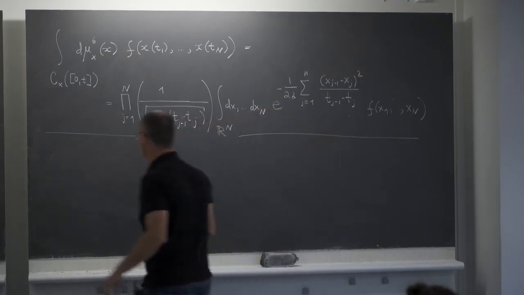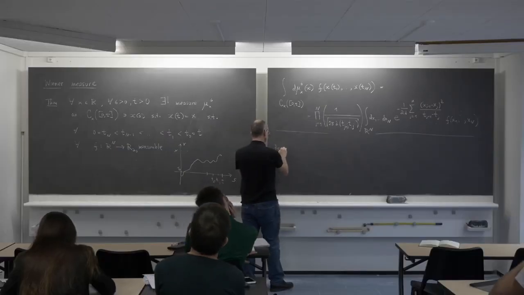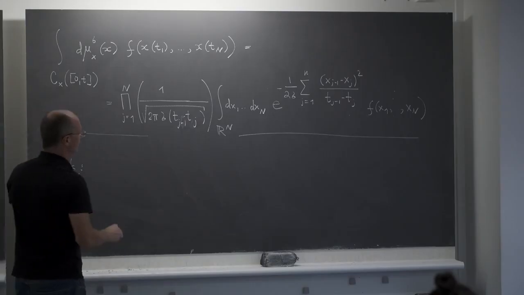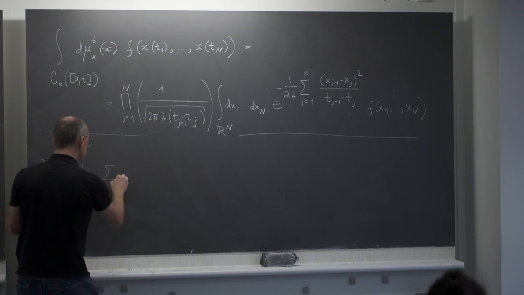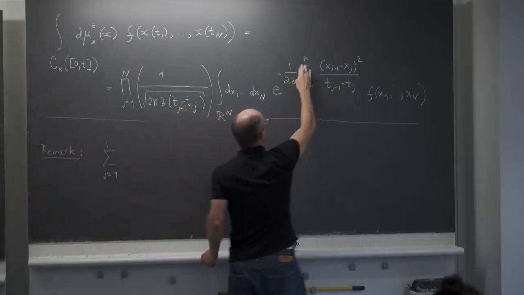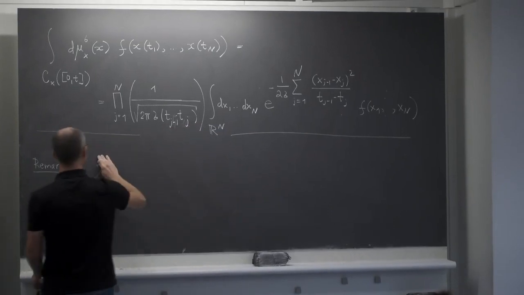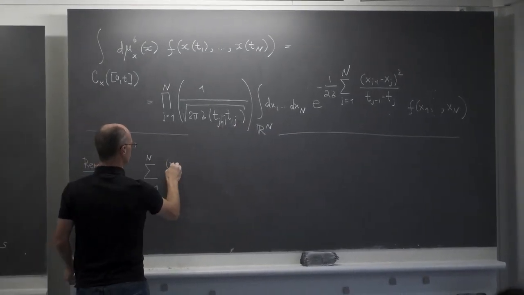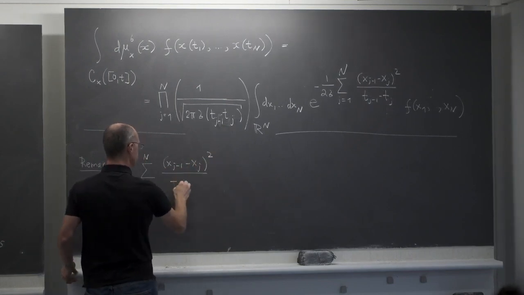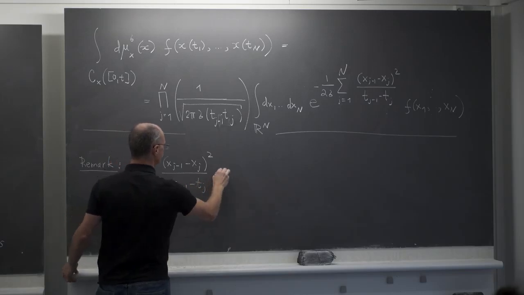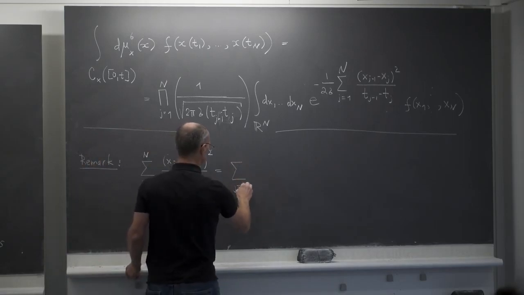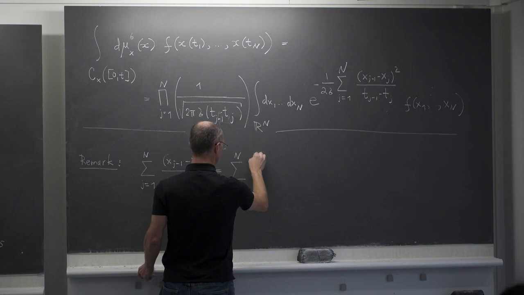Now, one remark and one fact. So this sum, j from 1 to N, of (x_{j-1} minus x_j) squared over t_{j-1} minus t_j, we can rewrite it like this.